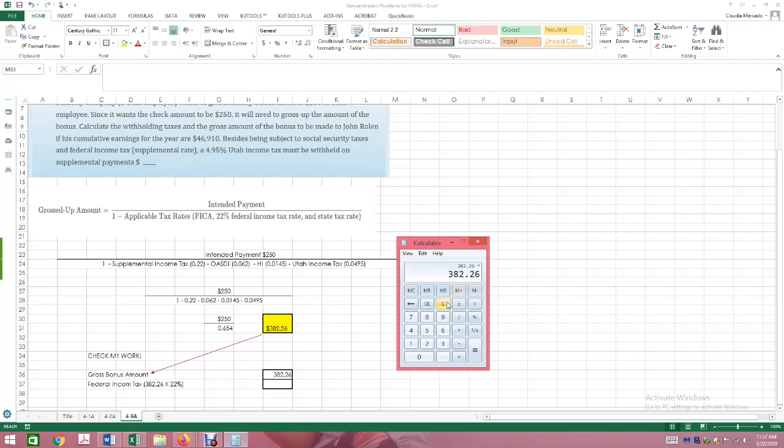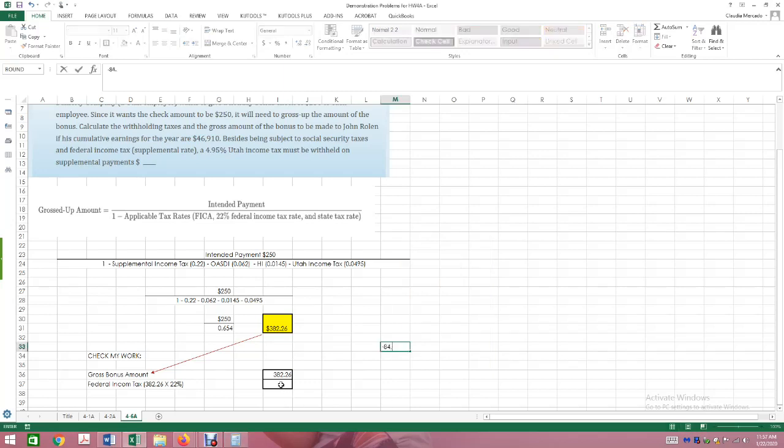That'll give me 84.097. Now because the third digit is a 7, I'm going to round up. Remember, this is very important, you're rounding. So I'm going to round up to 84.10. Now I'm going to enter it in parentheses because these are deductions. Remember, you are deducting your federal income tax from your paycheck. So that's your federal.